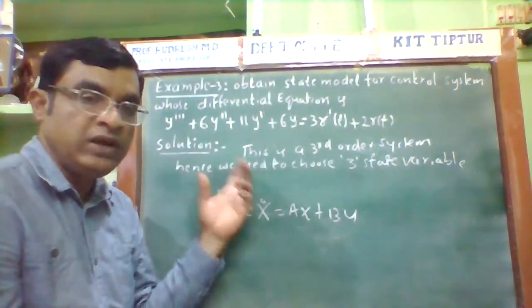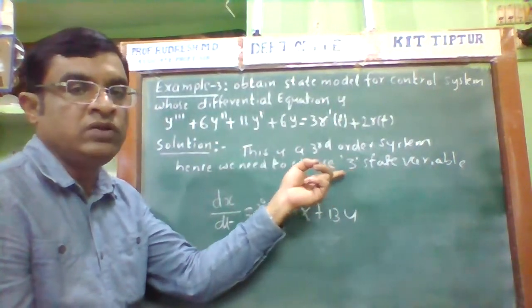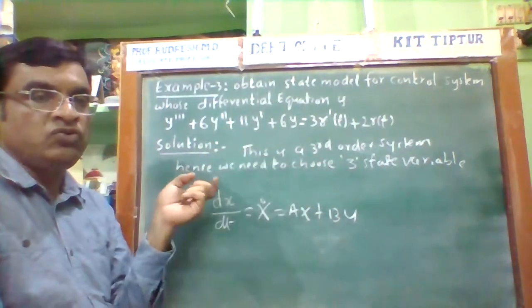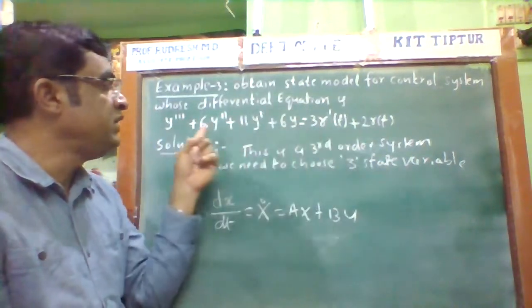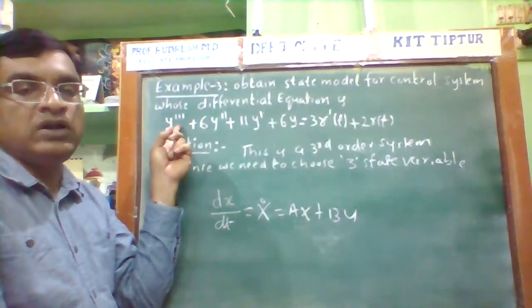In order to write the state equation, we need to choose the state variables. How many state variables do we need to choose? There are 3 state variables we need to choose because the order of the differential equation is third order.